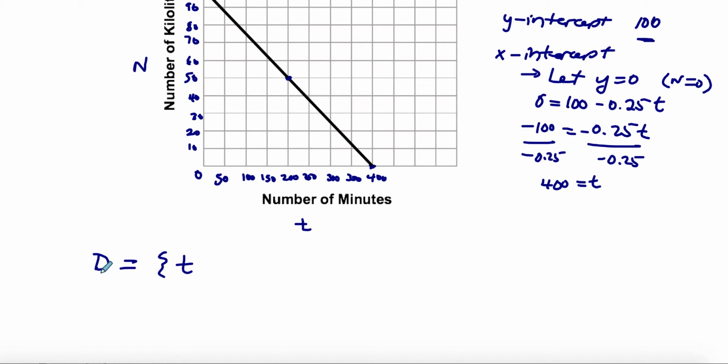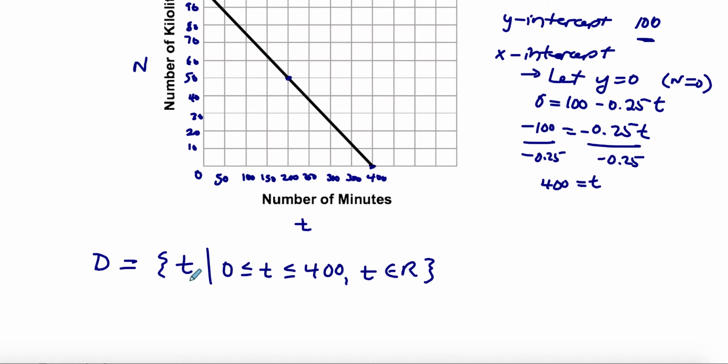I know that the domain is equal to the set of t such that, you might remember seeing that, 0 is less than or equal to t is less than or equal to 400. And t is an element of all real numbers.